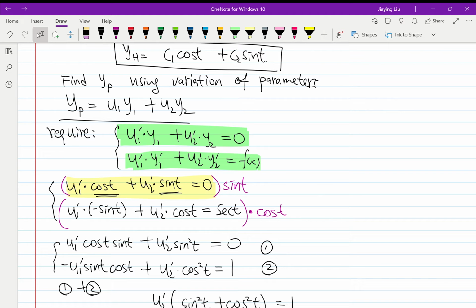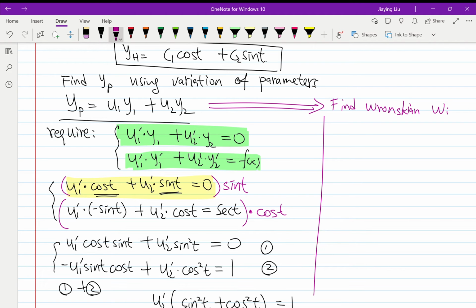So another way, the way that Professor Gibson does it to find u1 prime and u2 prime, is using matrices and determinants. Starting from the top, the yp, the first thing we're going to do is find the Wronskian, called W. W is defined as the determinant of this matrix, which is really the coefficient matrix of the system of equations.